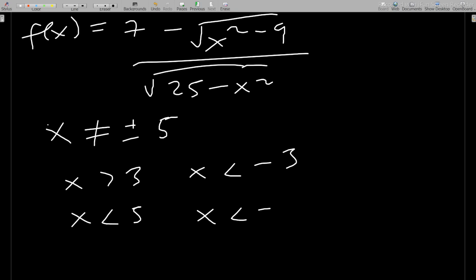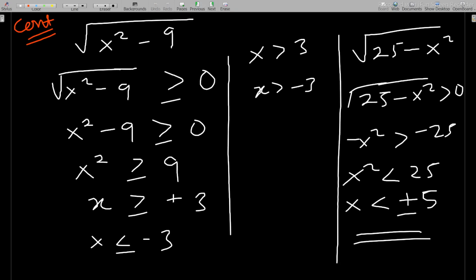For the negative side, the sign shouldn't be there the way I wrote it, because when x is less than negative 5, say negative 5.5, its square will be greater than 25. So x should be greater than negative 5. This is how it should be.